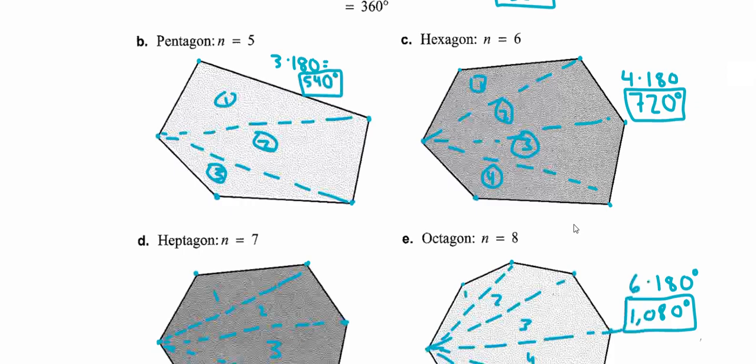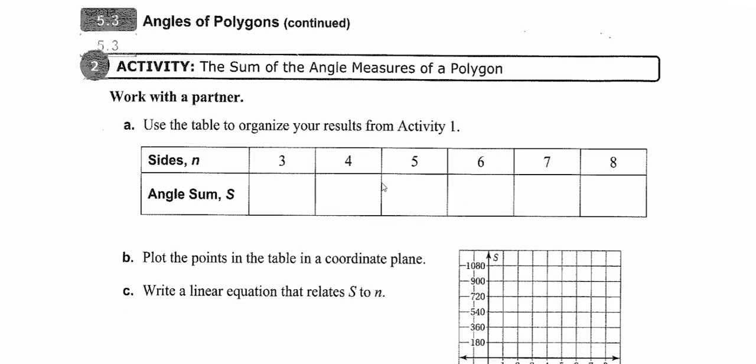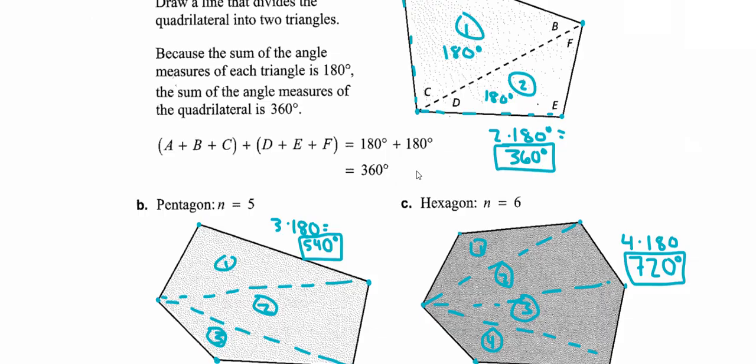So we've got all these different angle measures, and on the back side of this worksheet, it says use the table to organize the results from activity 1. Well, this was activity 1, so you just look at your results.